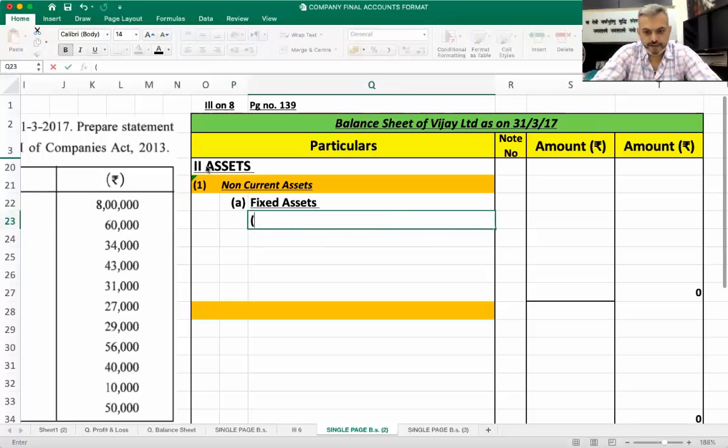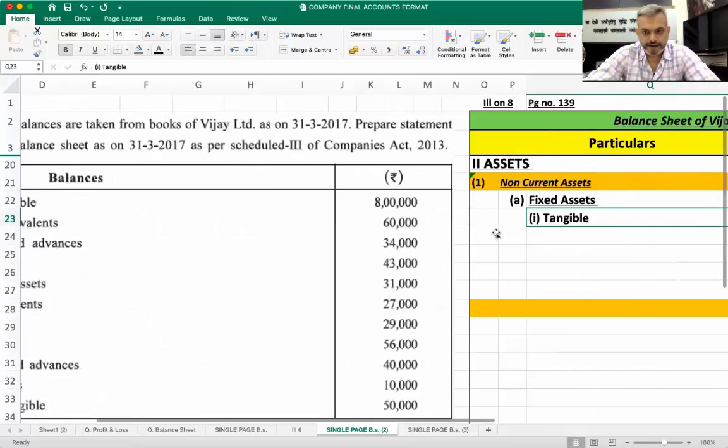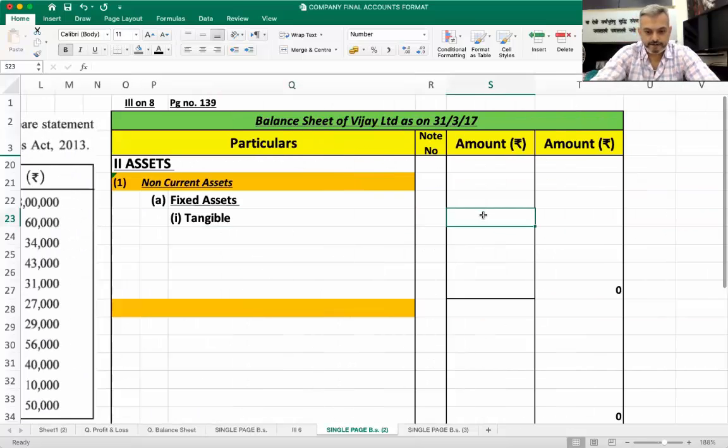In fixed assets we have tangible. So let's check the question. Tangible is the first, 8 lakh. Now 8 lakh will be written in the inner column.